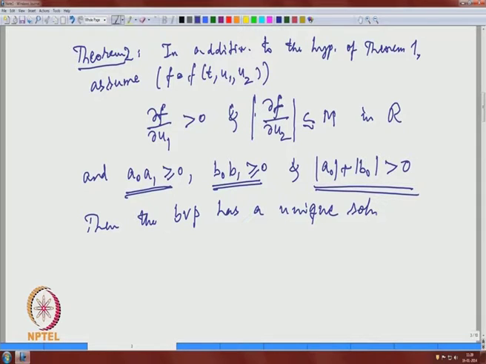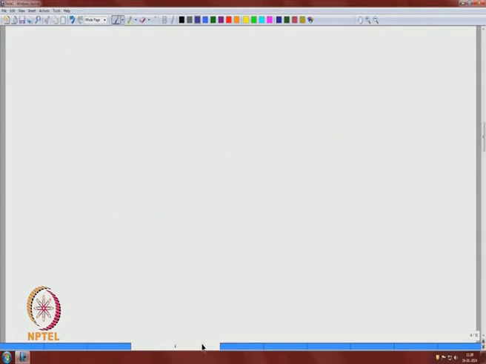So, let me sketch a proof of this. It is really simple and just uses one variable calculus, but is a little technical in detail. So, it is sufficient to show that phi has a unique root.